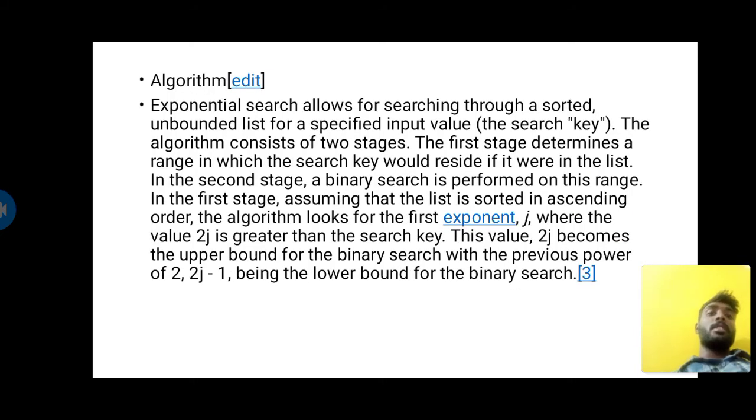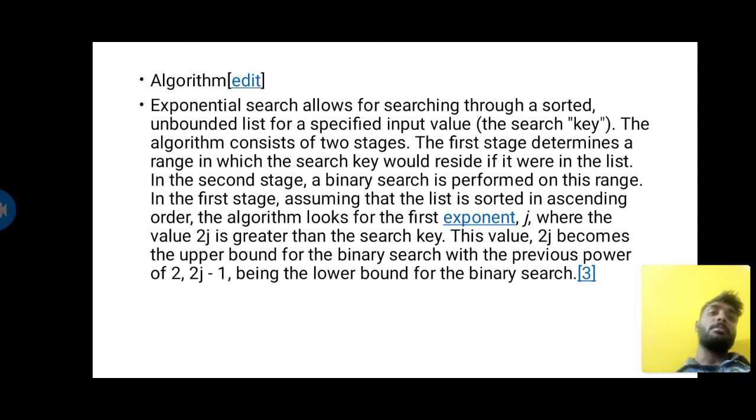Algorithm. Exponential search allows for searching through a sorted, unbounded list for a specified input value, the search key. The algorithm consists of two stages. The first stage determines a range in which the search key would reside if it were in the list.